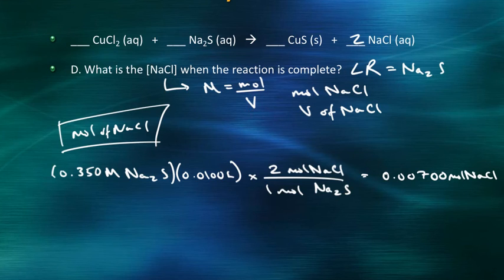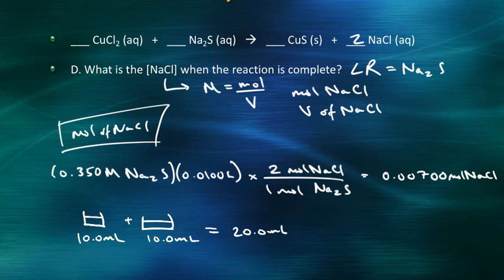Okay, so we have the top part of what I need to calculate. The volume on the bottom, well, that's just the two solutions mixing together, right? You had solution number 1, and then you added to that another solution of the same volume. Well, this was 10.0 milliliters, and this was 10.0 milliliters. So together, that is 20.0 milliliters, or since we have to write things in liters, 0.0200 liters. That's what's going to be on the bottom.